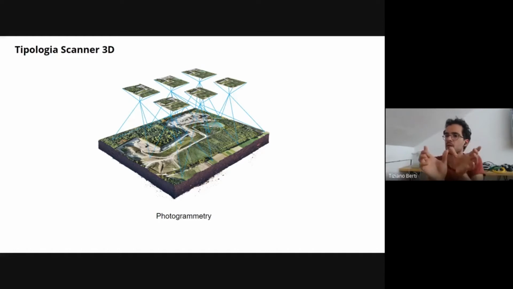So at least half of the photo needs to cover the same area of the scan I'm doing. We will see later in the data set that we will use what I mean.